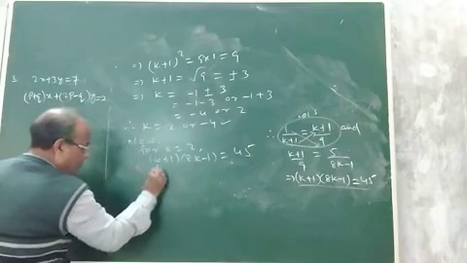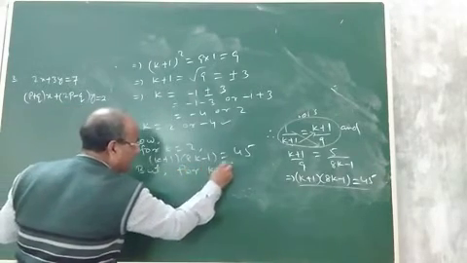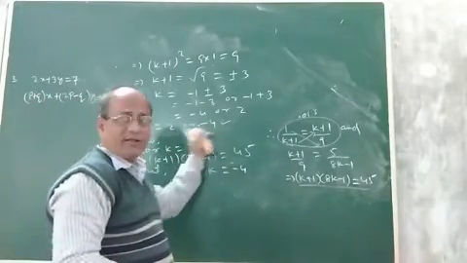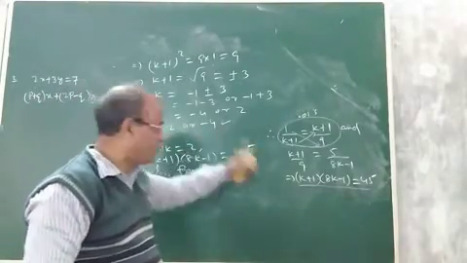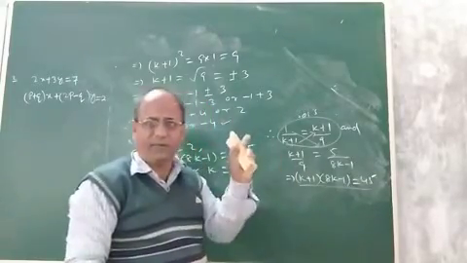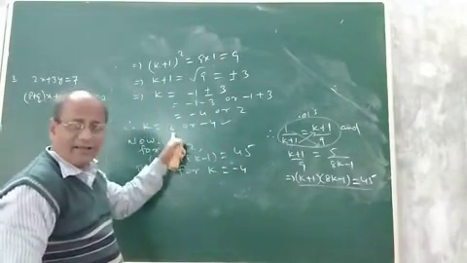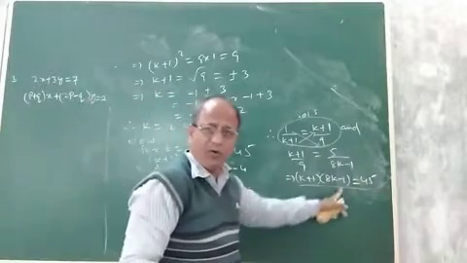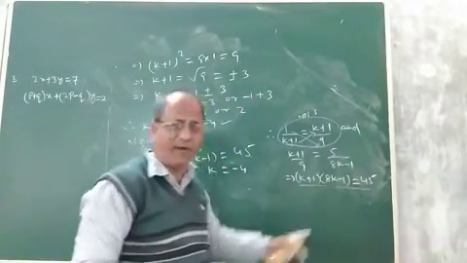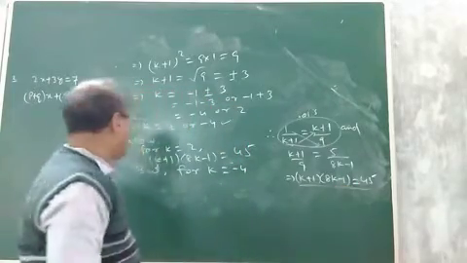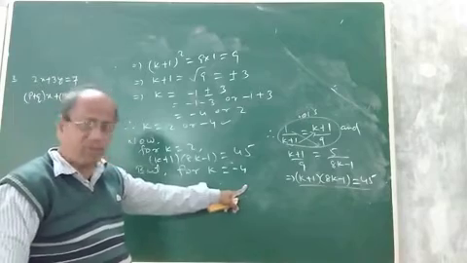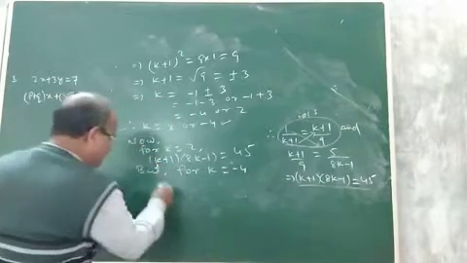We have got two values, 2 or minus 4, and we have to ensure whether this is satisfied for both values or not. If it is satisfied for one value, that will be the value of k. By taking k equal to 2, we proved that this is satisfied, because if you put 2 here, the left hand side value will be 45, which is equal to the RHS. But for k equal to minus 4, this is not satisfied.